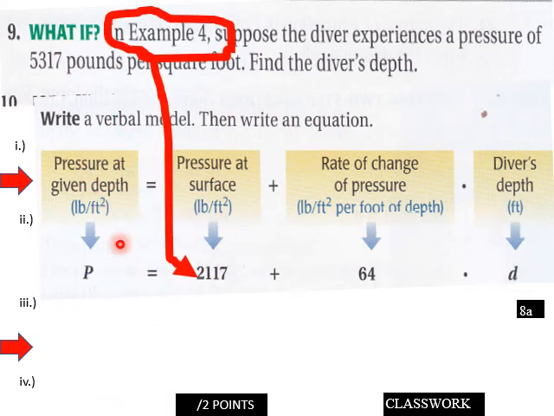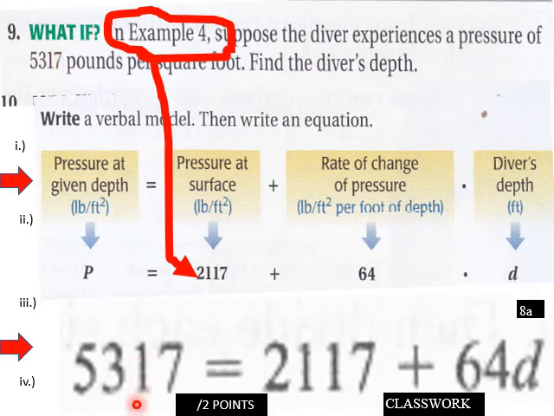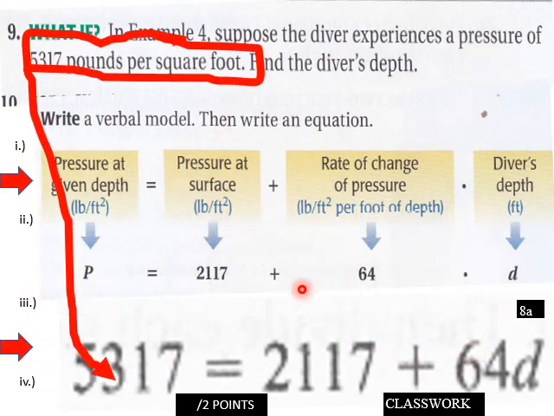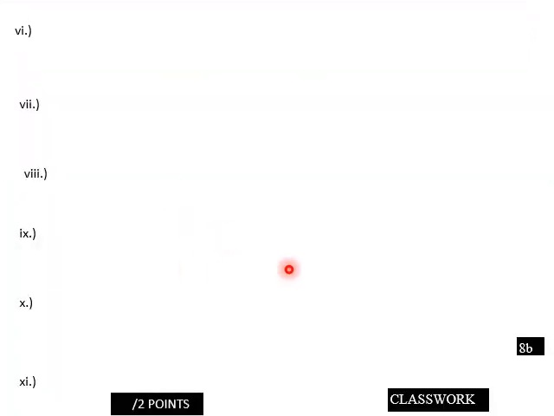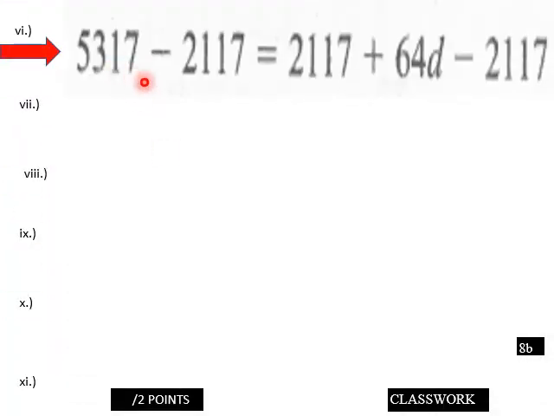So we're going to plug in, 5,317 equals 2,117 plus 64D, and then we're going to solve for D to find the depth at which the pressure is 5,317. So we're going to start isolating our D here by subtracting 2,117 from both sides.